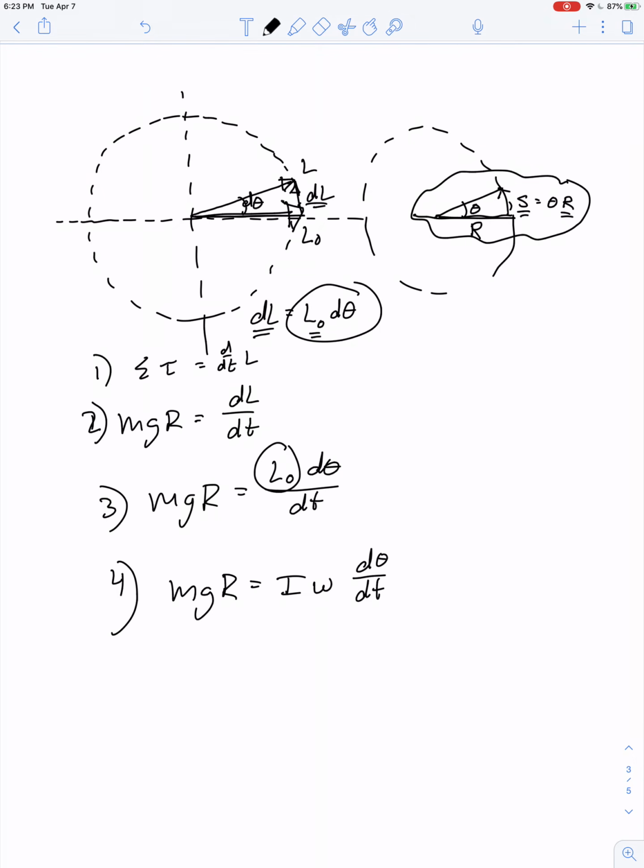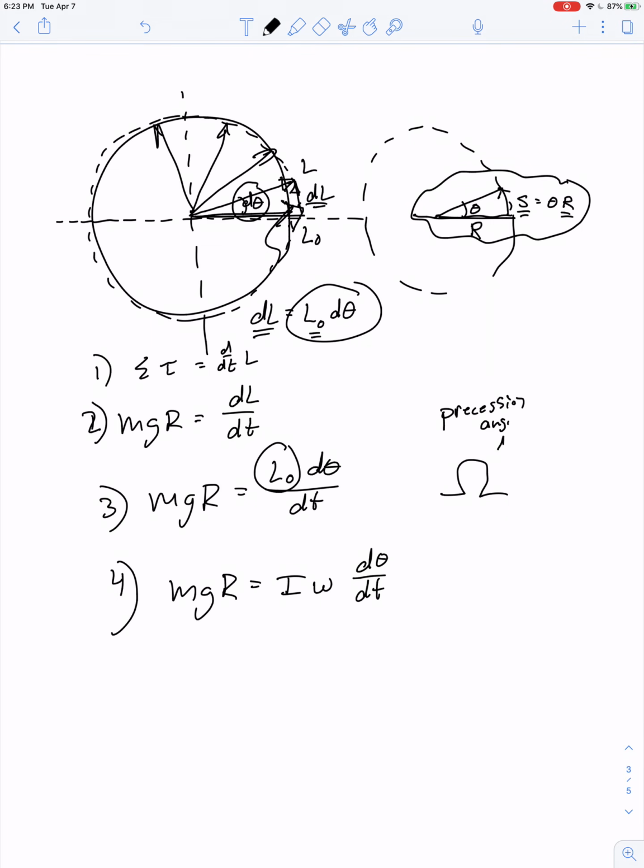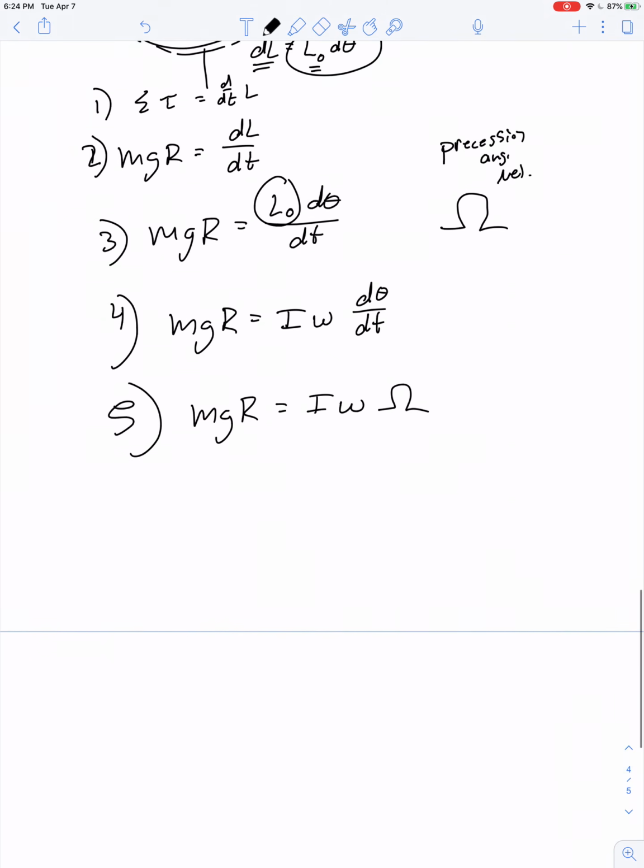But d theta/dt would be a way of describing the rate at which this angular momentum vector is tracing out a circular path. And that's exactly what we mean when we talk about capital omega, the precession angular velocity. So the net external torque, mgr, is equal to I omega multiplied by the precession rate of rotation.